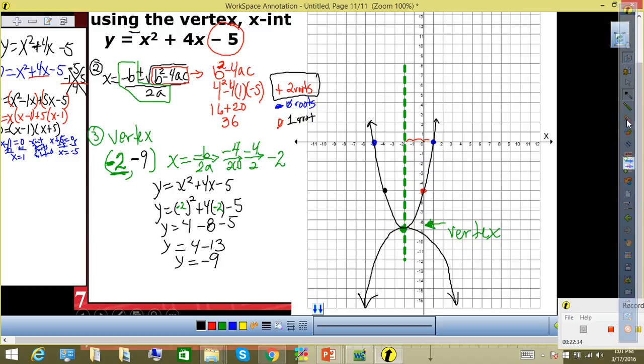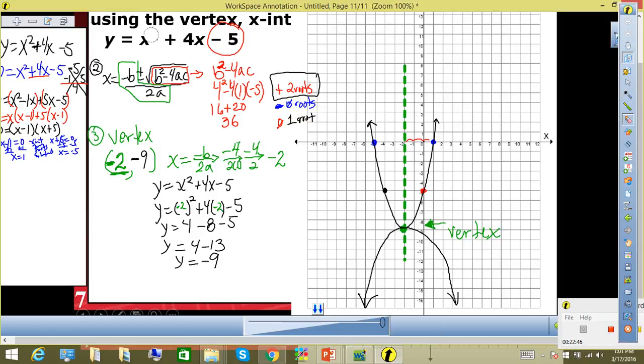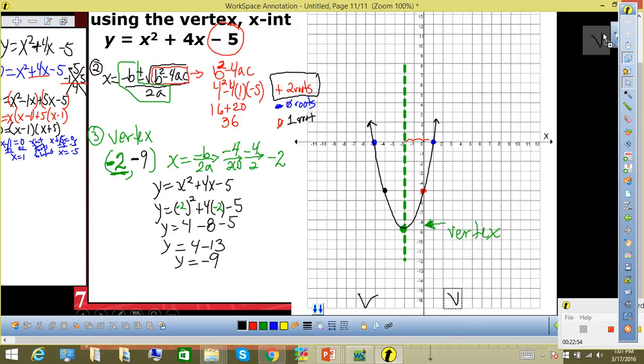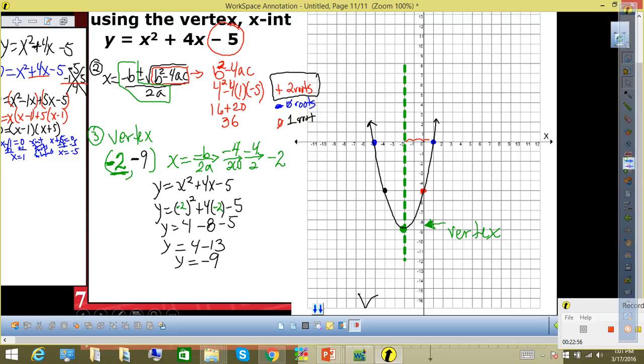Okay, what if the distance between the x-intercepts is odd, then would the vertex have to be added too? Yes.